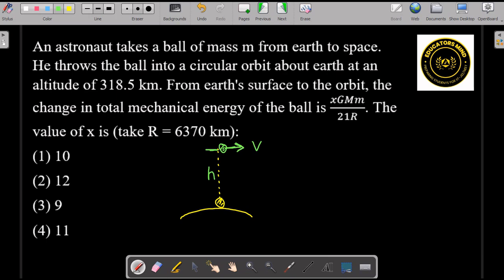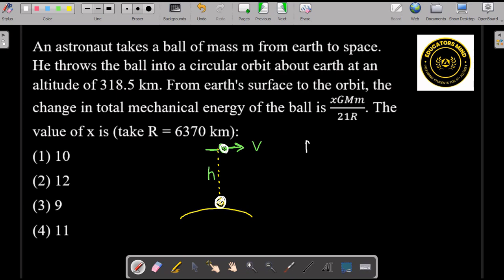From the Earth's surface to the orbit, we need the change in mechanical energy. They did not mention what speed he takes it with. So initially you can take the speed with which he has taken it, and gradually he has moved from this place to this orbit.